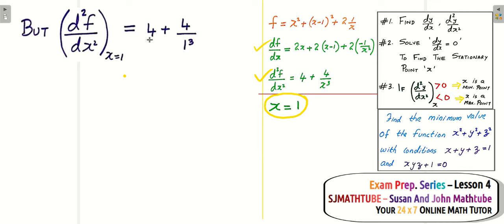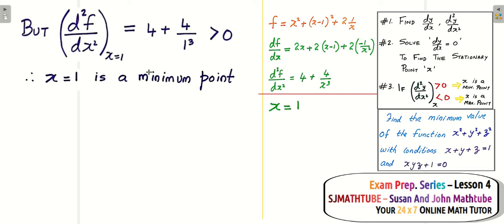And we get 4 plus 4 by 1 cube, and that's positive, isn't it? And if the second order derivative is positive, then x corresponds to minimum. That means our x is equal to 1 is the minimum point.